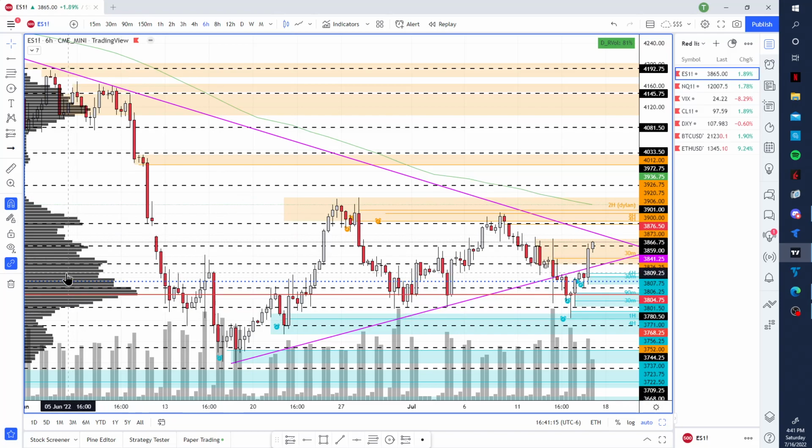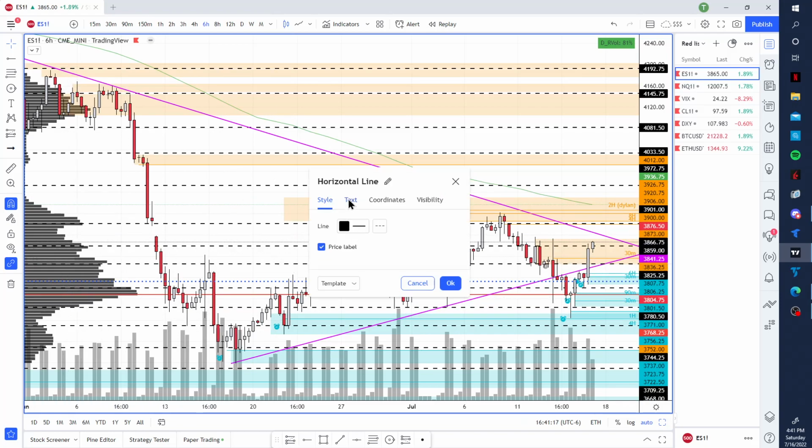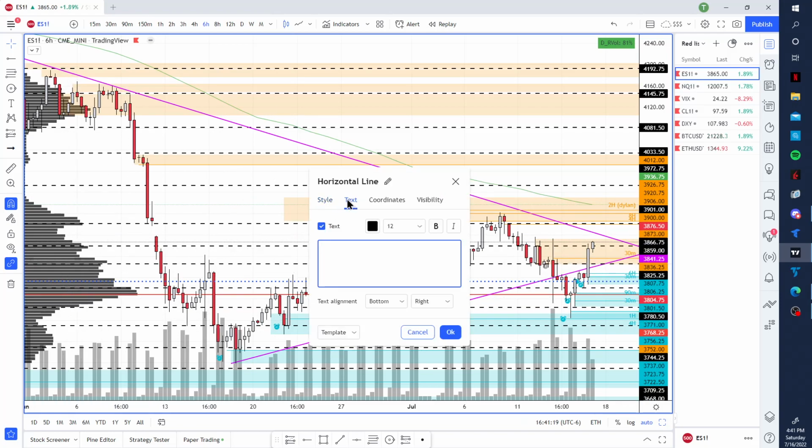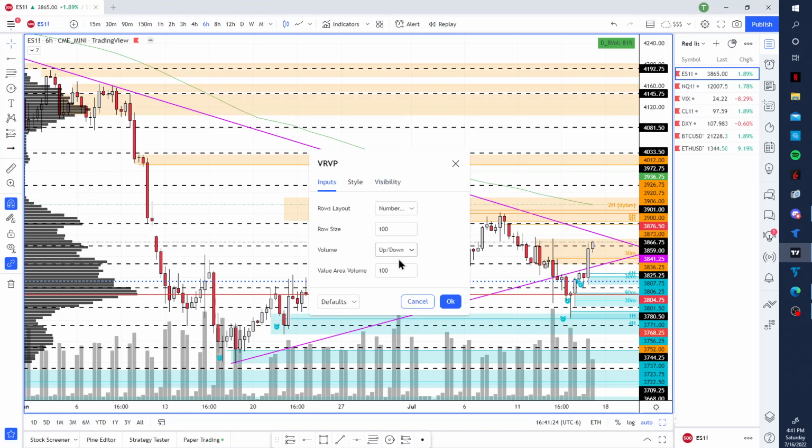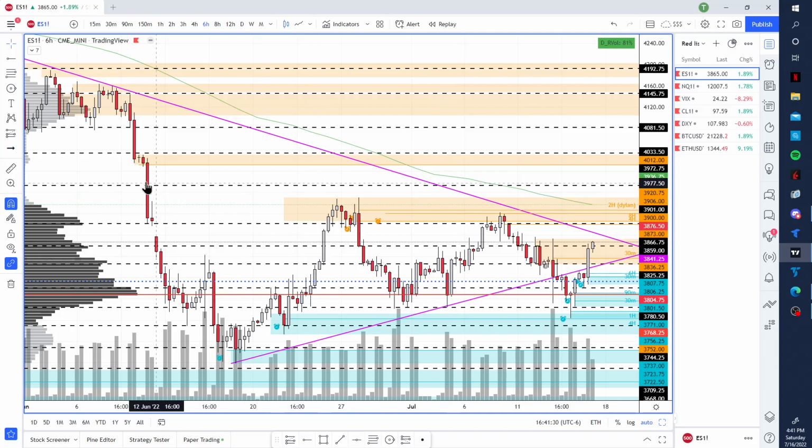And then the way that I have it set up, I have the value area set to 100. I think the setting when you first get it is 70. What this does is gray out or fade out the area that has the least 30% traded.